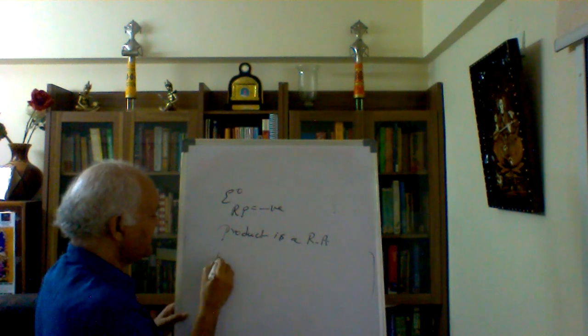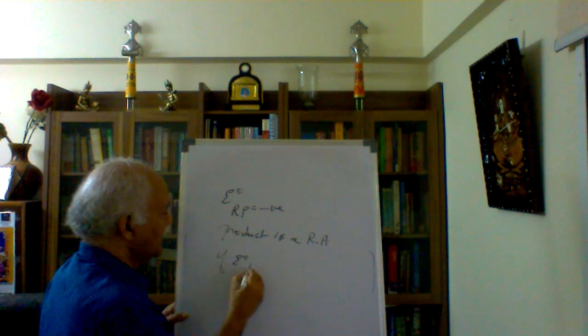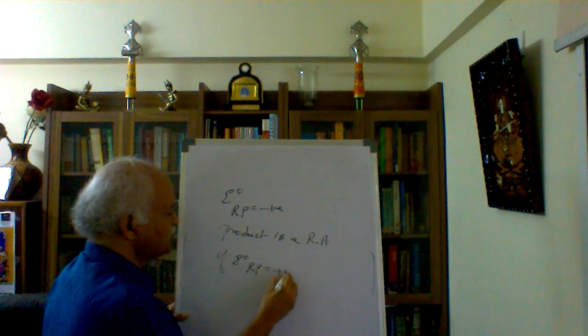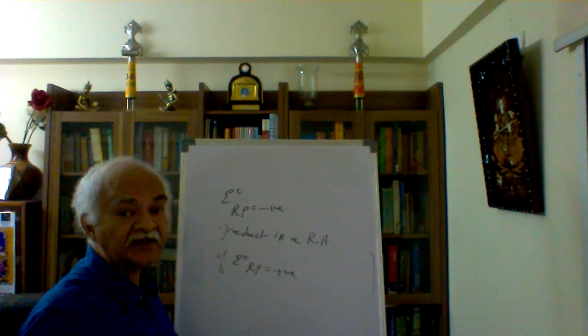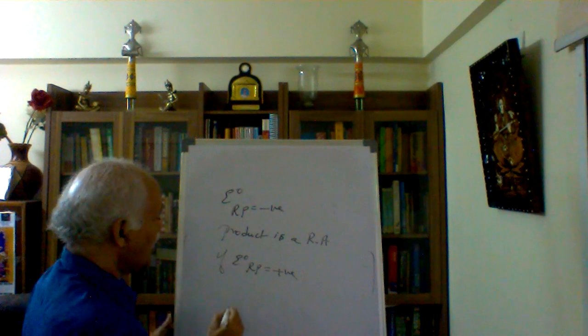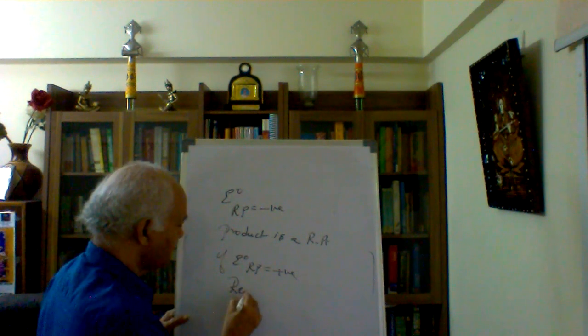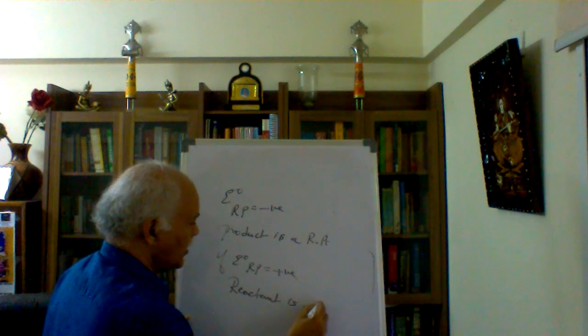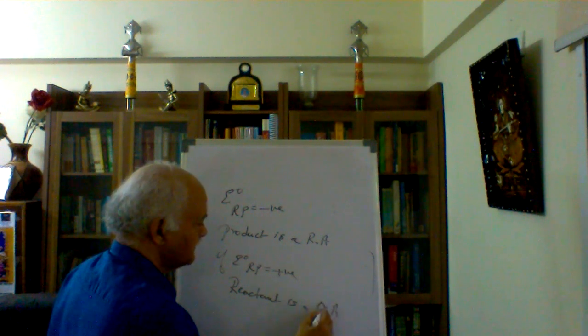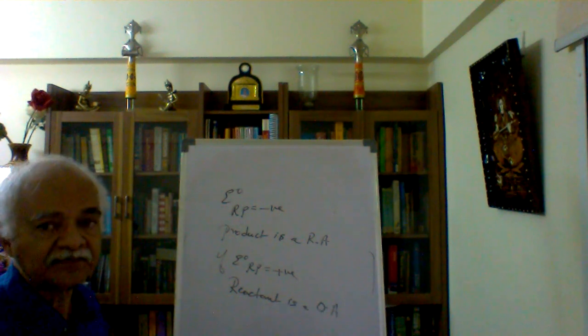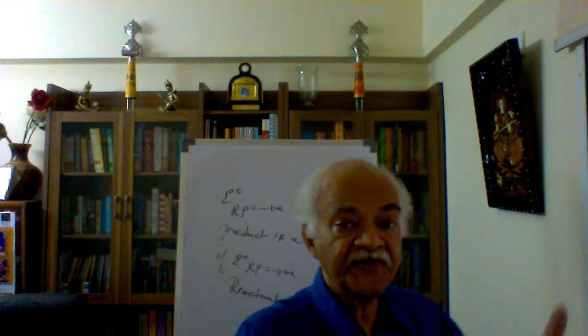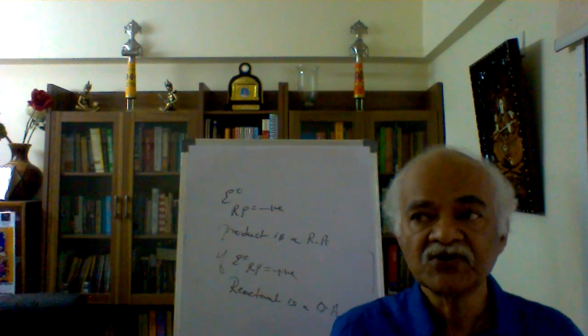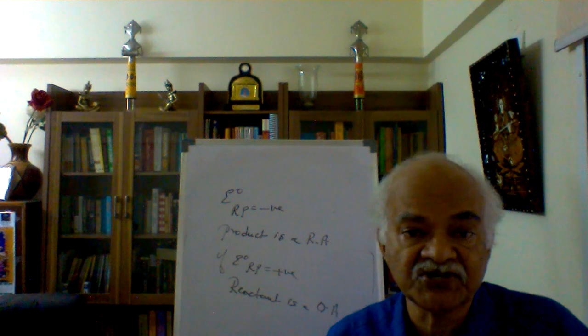And if E naught value, reduction potential, is positive, which part of the half reaction are we focusing on? The reactant. Reactant is an oxidizing agent.